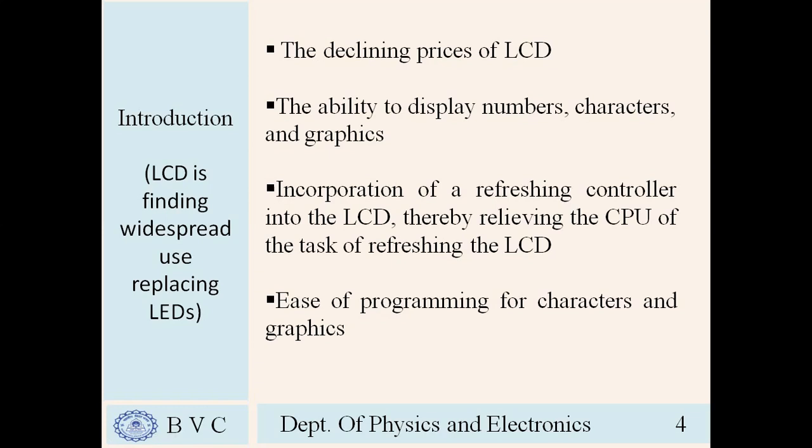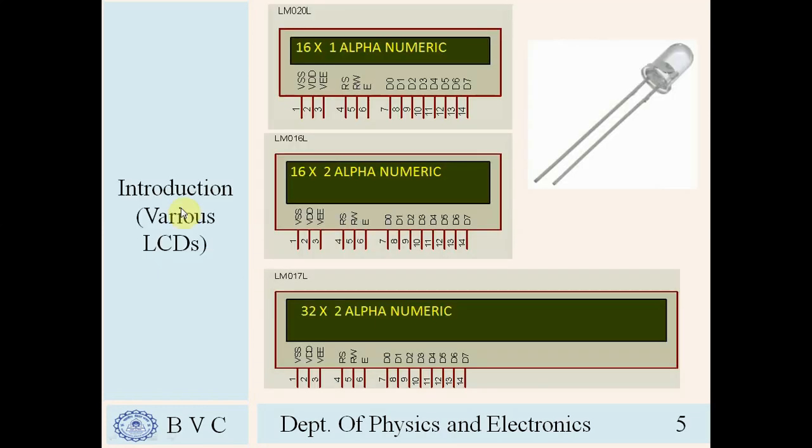Let us look into the various types of LCDs. The various types are 16 by 1 alphanumeric LCD and 16 by 2 alphanumeric LCD, which you can see on the screen. Then 32 by 2 alphanumeric LCDs, with 32 columns and 2 rows.